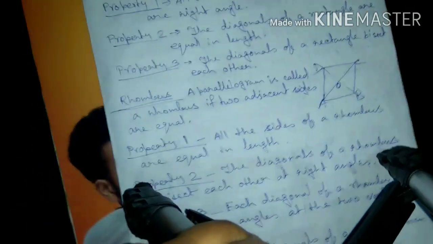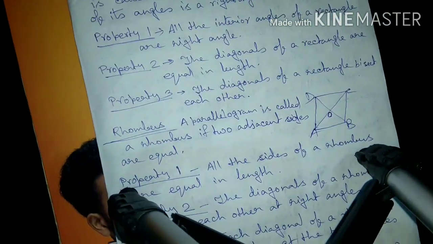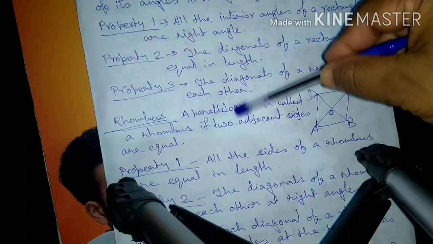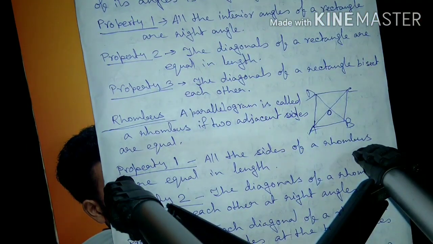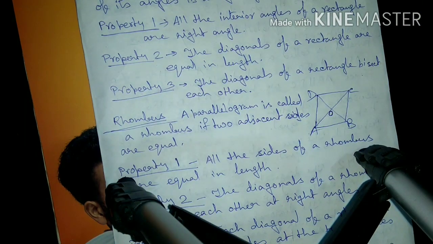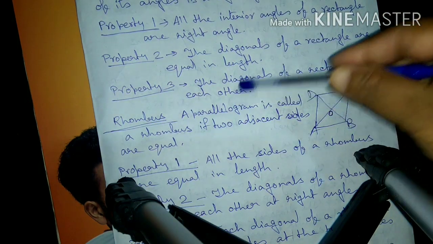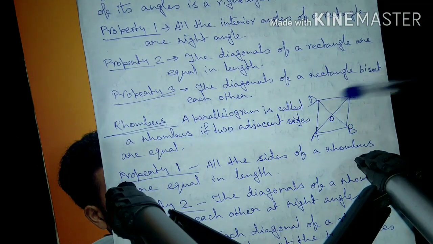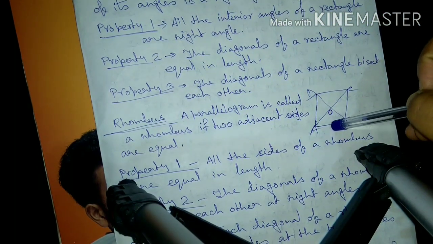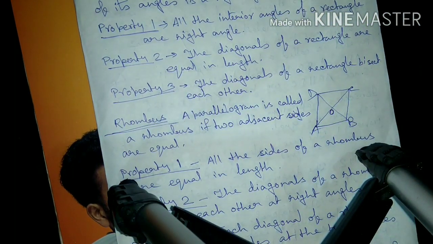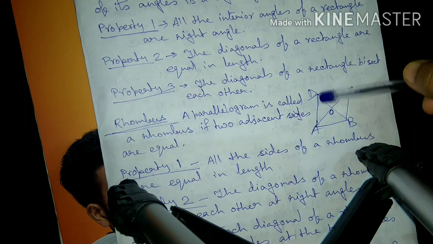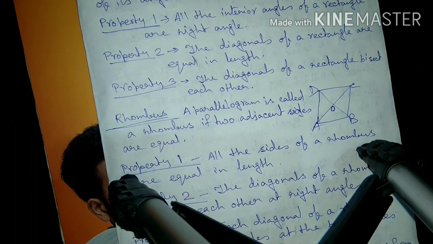Next comes your rhombus. A rhombus is another quadrilateral. So a rhombus is also a parallelogram. When will a parallelogram be called a rhombus? If two adjacent sides are equal. Because in a rhombus all the sides are equal to each other.